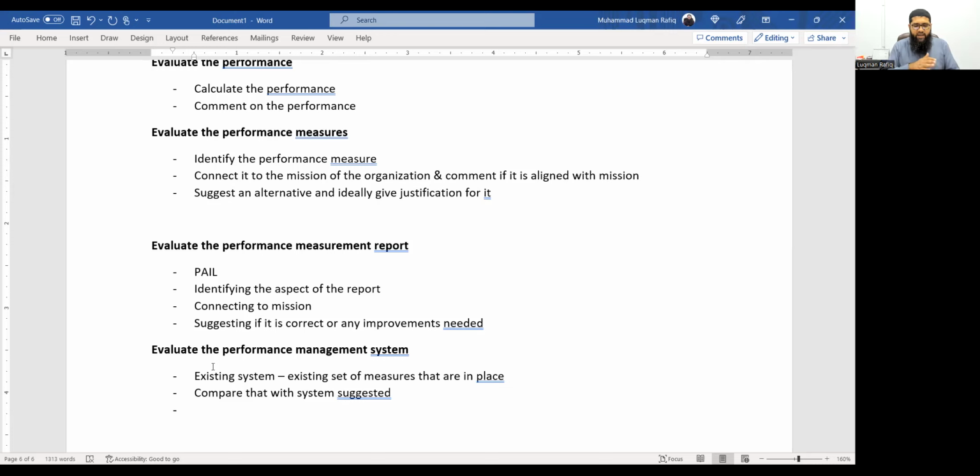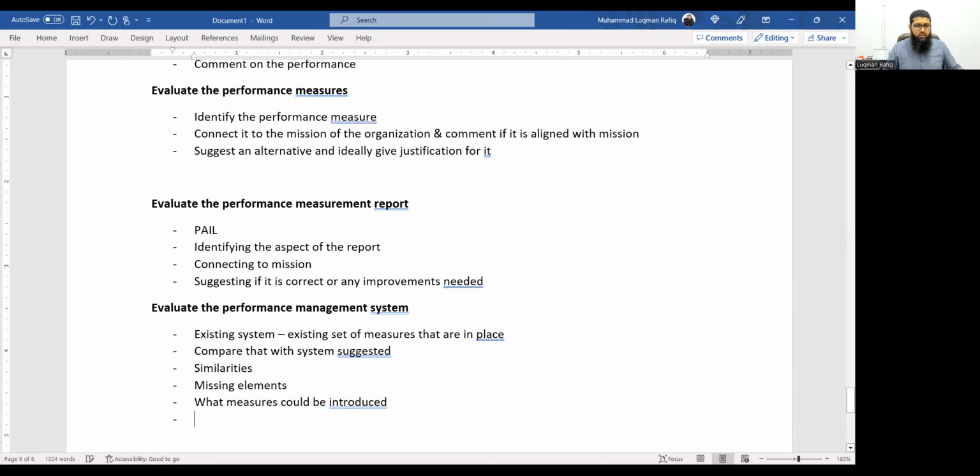So what you do is that the existing set of measures that are in place, you compare that with the system suggested. And then you say, what are the similarities? What are the missing elements? And what measures could be introduced? So that is something that you would have to do.